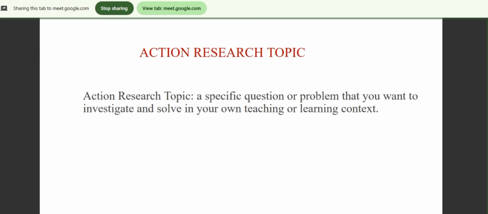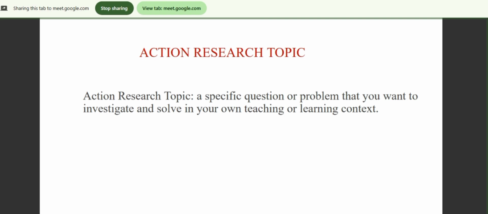So if you look at a problem that you want to solve, you take a topic from the problem. So an action research topic gives out a specific question you want to address within your school setting. We know that action research topics are focused on the classroom.